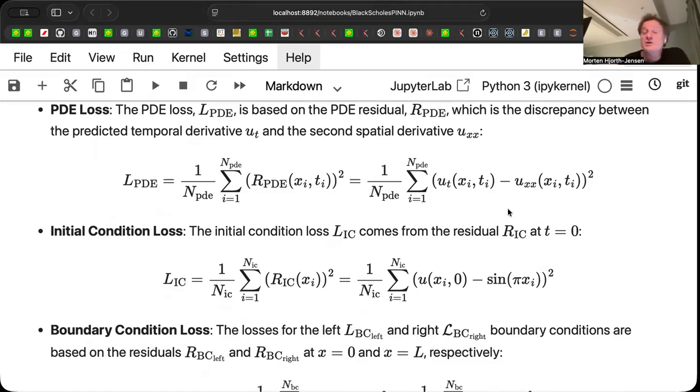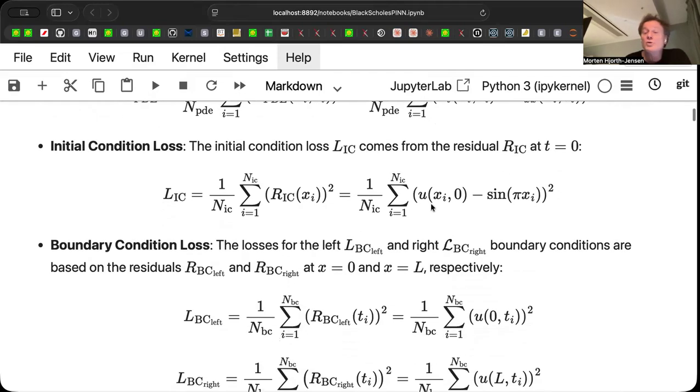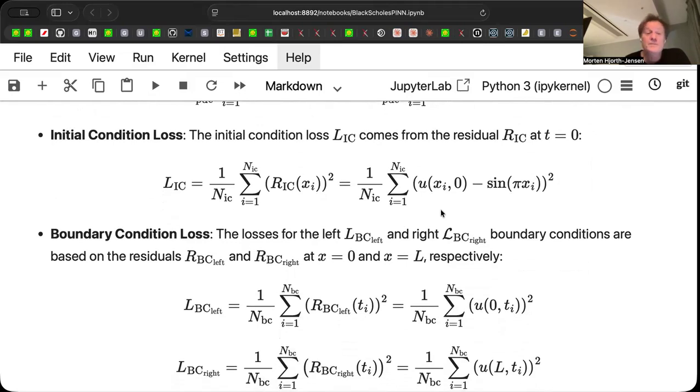But now in the optimization itself, we optimize both the cost function as a difference between the left-hand side and the right-hand side, but we also take the difference between the initial conditions and the value of the function, which we typically start with as a guess.